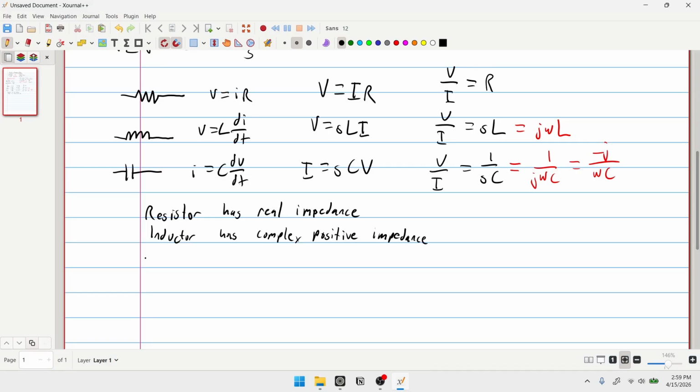And the capacitor has complex negative impedance.